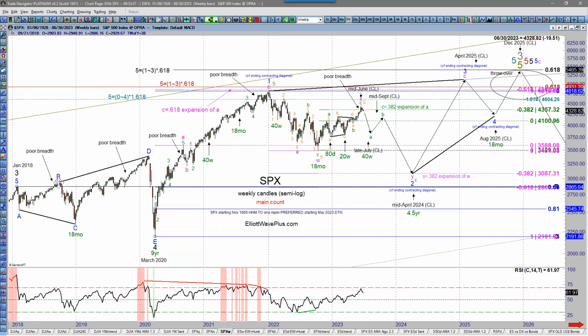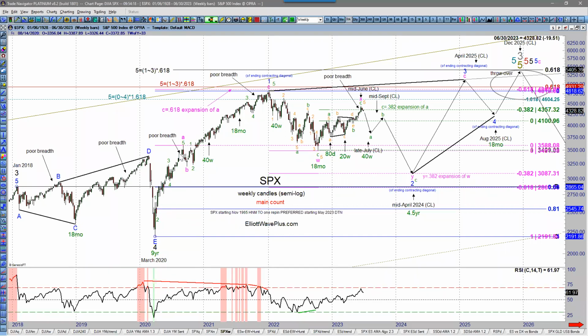We saw it leading up to this peak in October of 2018. We saw it leading up to this peak that occurred just prior to the COVID crash, that huge 38% smackdown that occurred over only a 5-week period back in March of 2020.